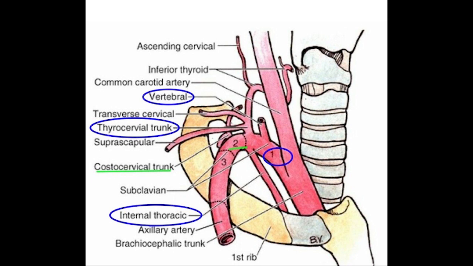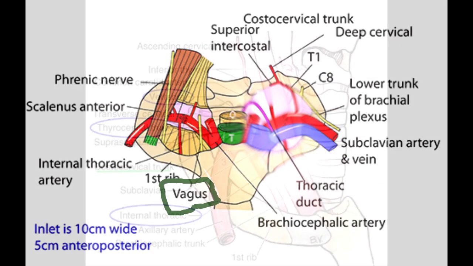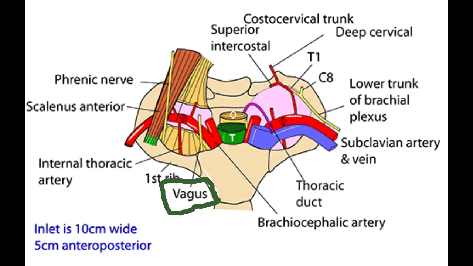One of them is the thyrocervical trunk. The branches of the thyrocervical trunk are the inferior thyroid artery, the superficial cervical artery and the suprascapular artery. Then the vagus.